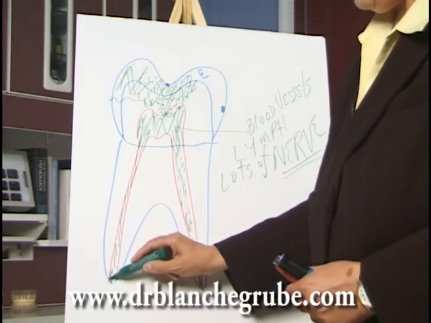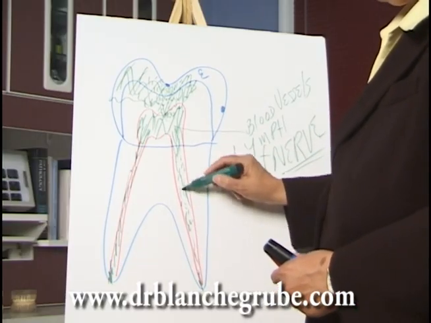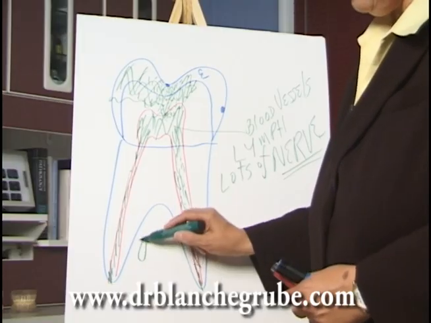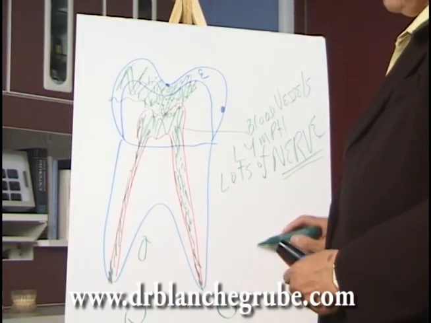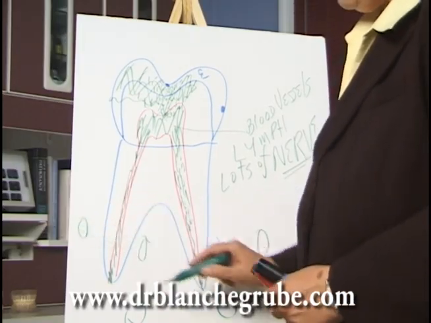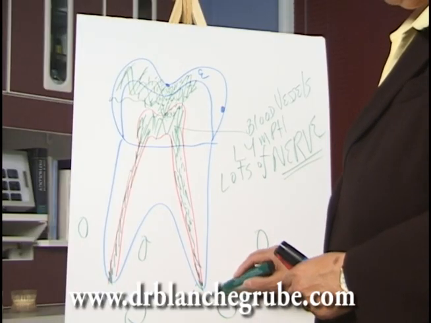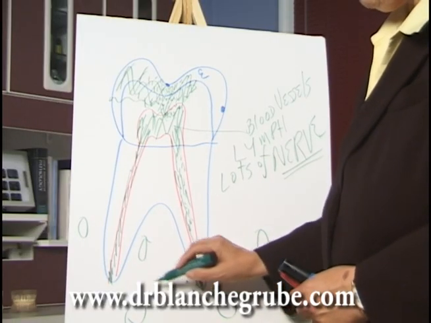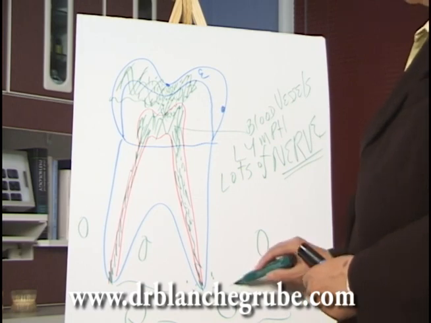Okay? When they're done eating everything in here, then they can come out at the end of the root tip. They can come out and start enjoying the wonderful blood circulation that's in the bone.